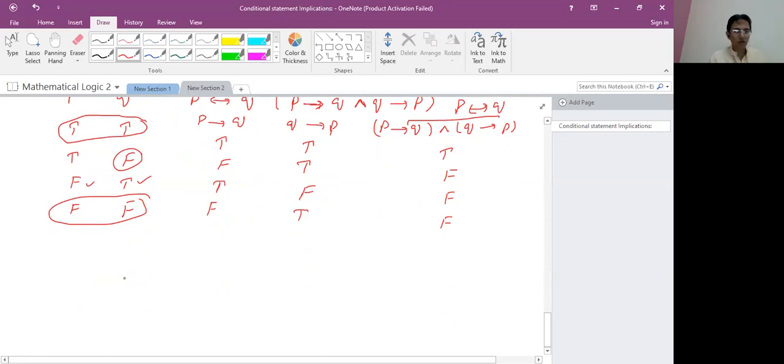So first we write about the converse. What is converse? If P, then Q. It means it is conditional statement.